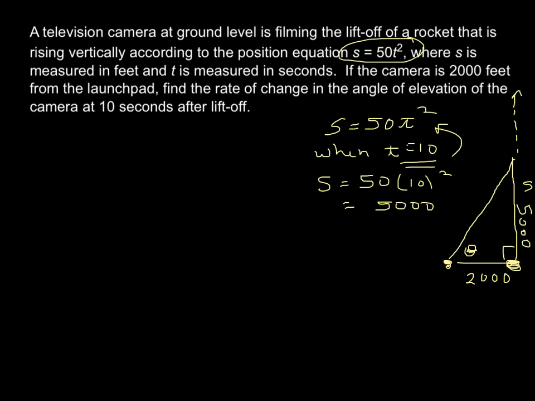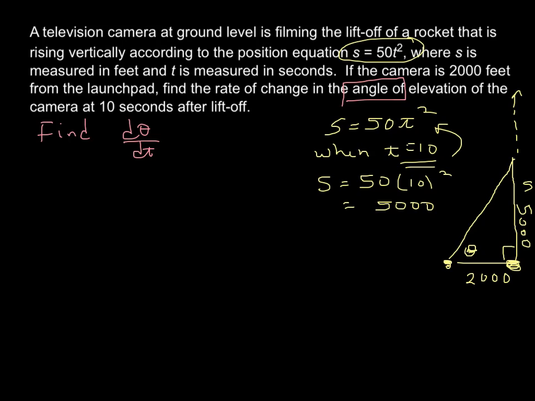We want to find not the rate of change of sides or anything like that, but the rate of change of the angle of elevation. So we want to find d theta dt. You don't have to use theta, you could have used a different letter, that's fine.